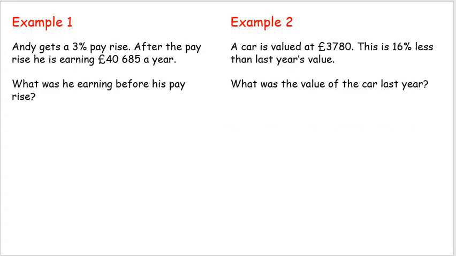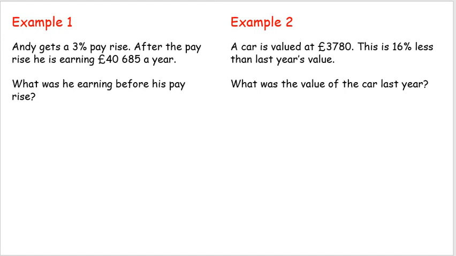We'll look at a couple of examples, going through using the same procedure, the same approach to these questions in context. So example 1, Andy gets a 3% pay rise. After the rise, he is earning £40,685 per year. What was his earning before his pay rise?